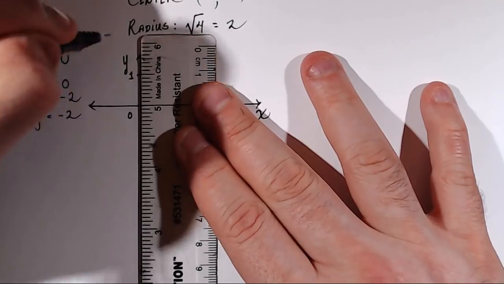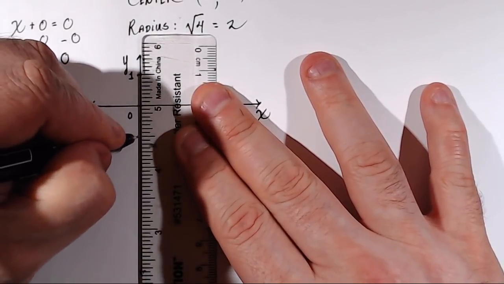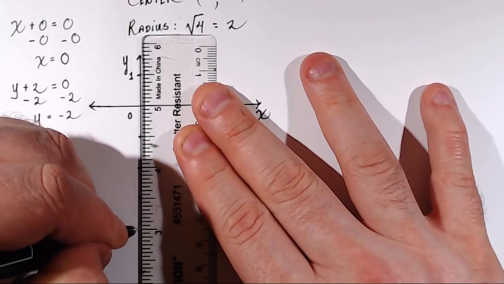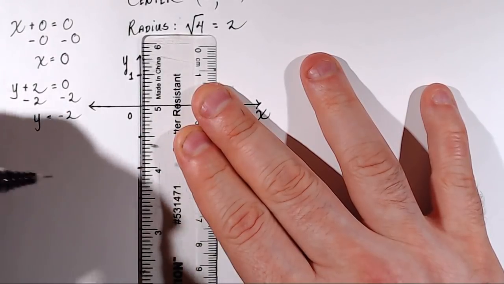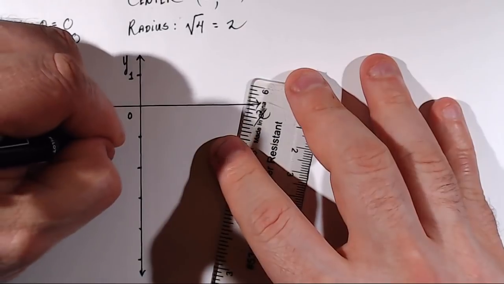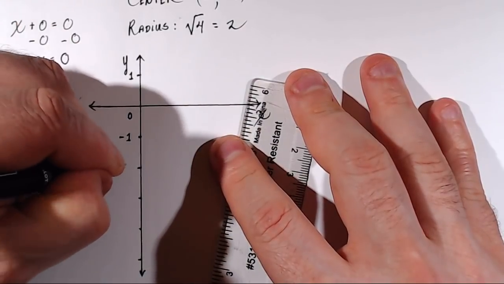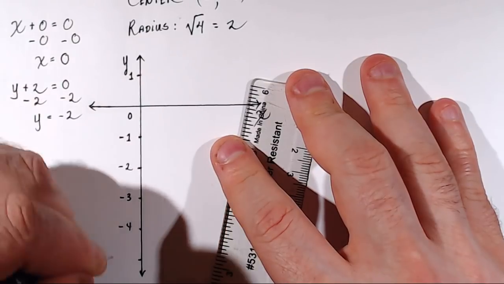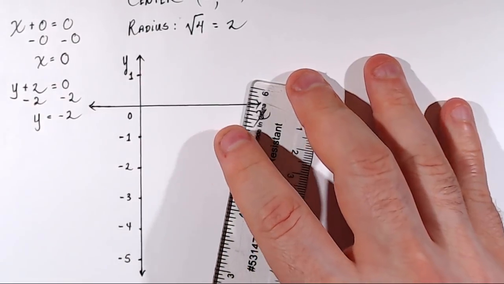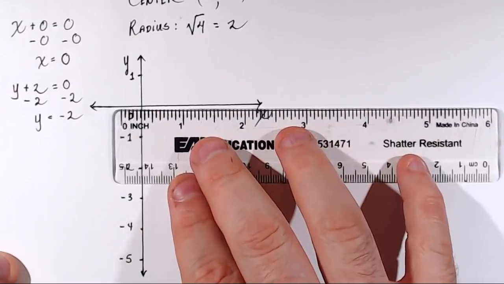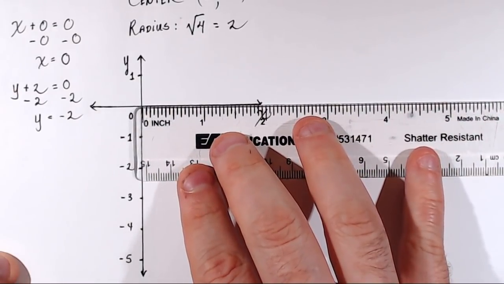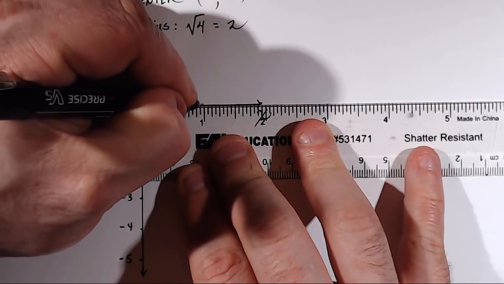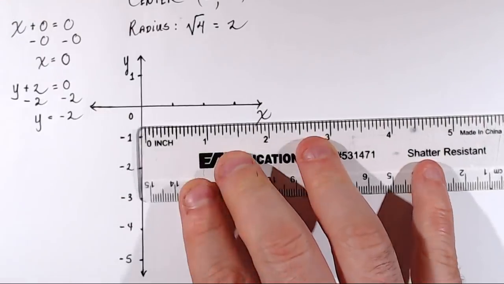So we'll go up 1 on the y-axis, and then down 1, 2, 3, 4, 5. So this is negative 1, negative 2, negative 3, negative 4, negative 5. And over here on the x-axis, I'll mark off positive 1, 2, 3.